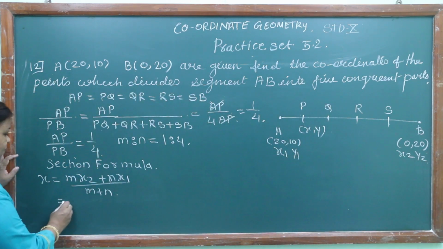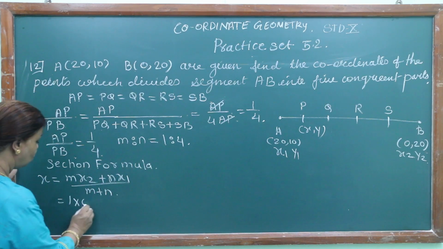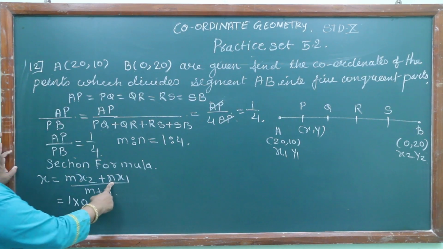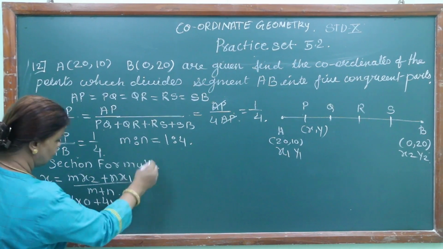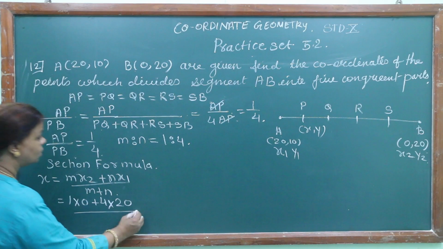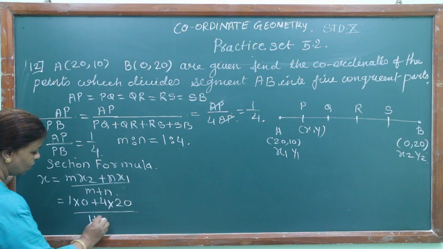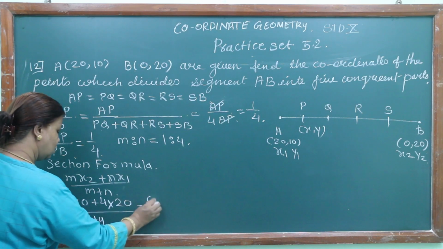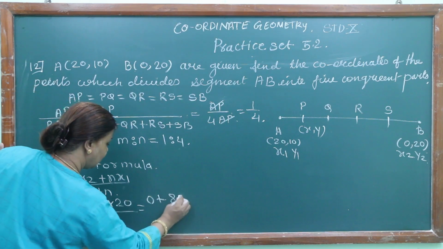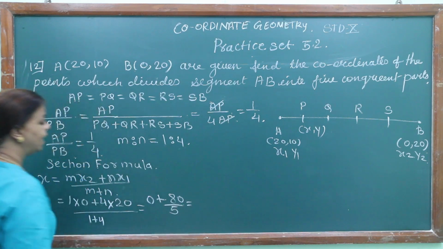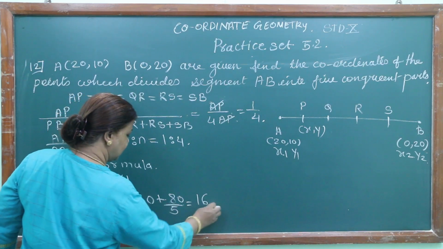So place the value, children. m is 1 into x2, x2 is 0 plus n. What is n? n is 4 into x1 and x1 is 20 upon 1 plus 4, children. m plus n, so 1 plus 4. 1 into 0 is 0. 0 plus 4 into 20 is 4 8s, 80. 80 upon 5, and if I divide 80 by 5, 5 ones are and 5 16s are.